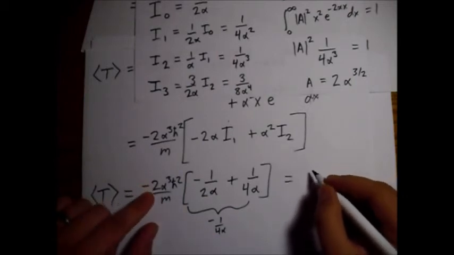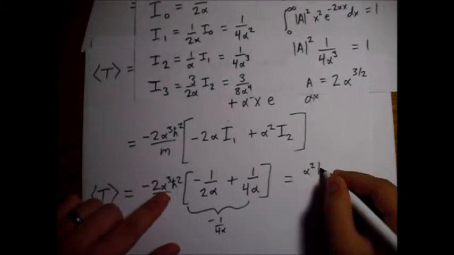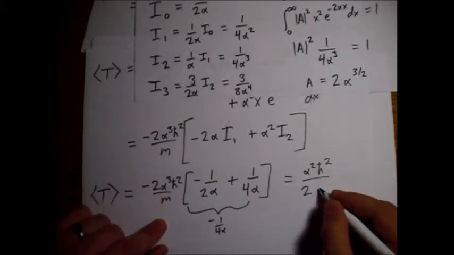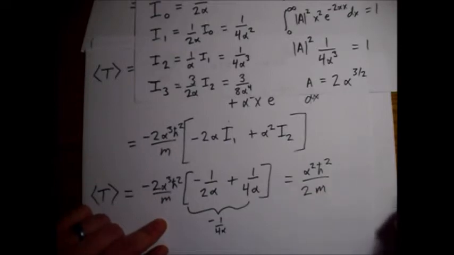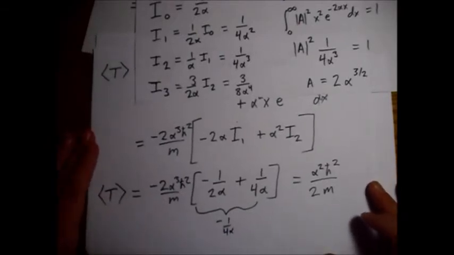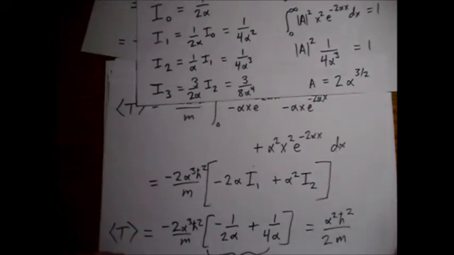This 4 is going to kill the 2. And we'll have an alpha squared, h bar squared, 2 on the bottom, and an m. I hope I got all that right. I think I did.